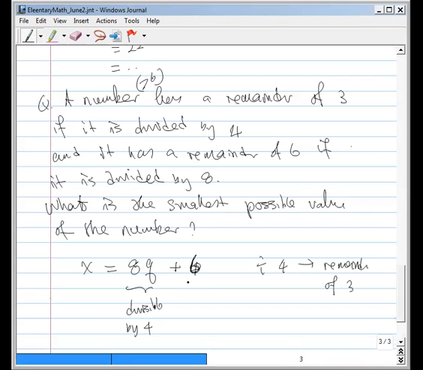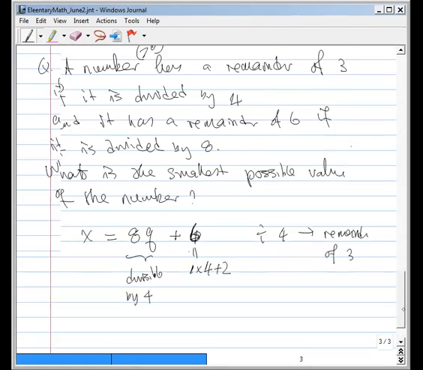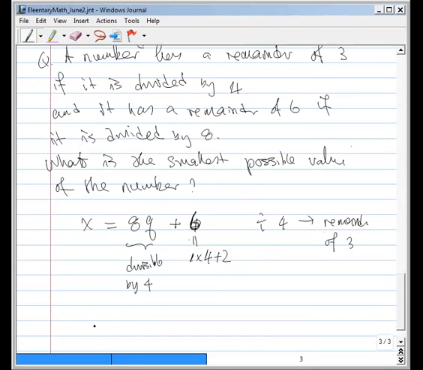Then 6 divided by 4 gives you a remainder of 2, okay? So if that number meets the second condition, then when you divide it by 4, the remainder is always 2. Because 6 divided by 4 is 1 times 4 plus 2. So this number always has a remainder of 2 when divided by 4.